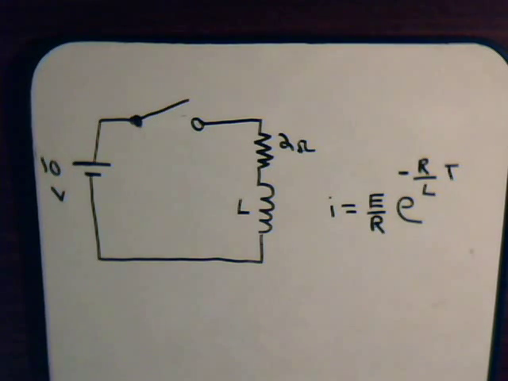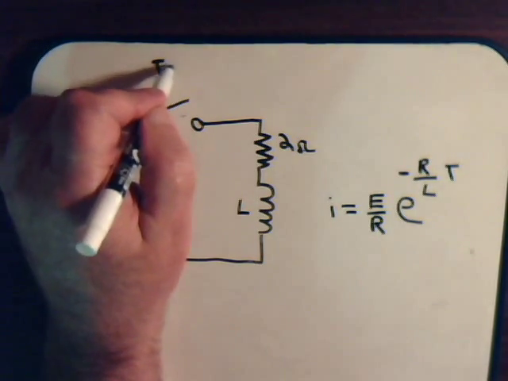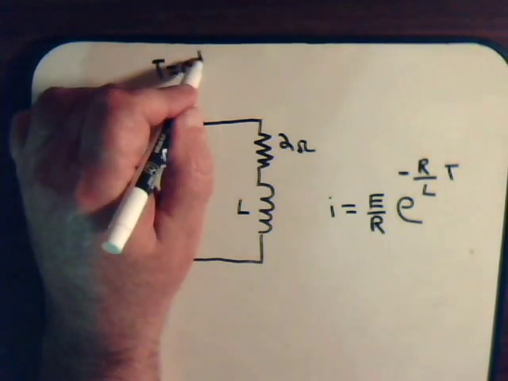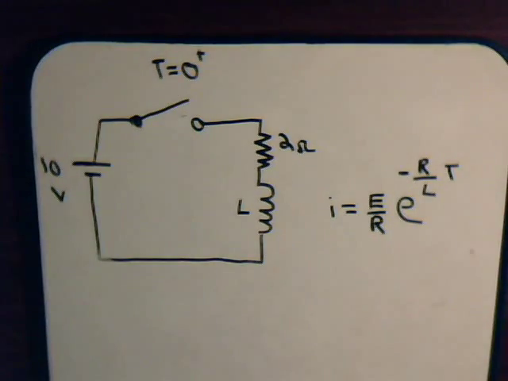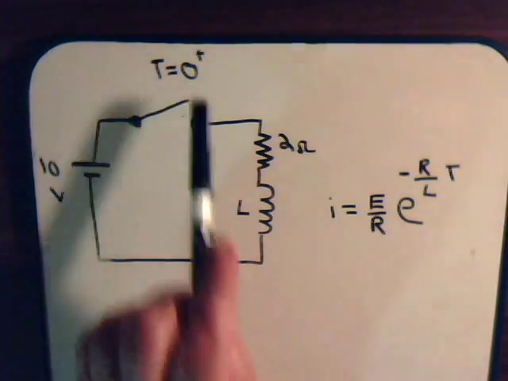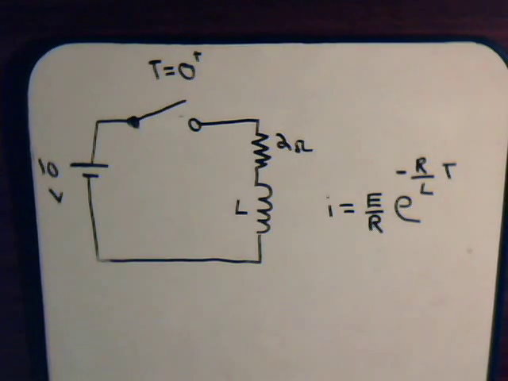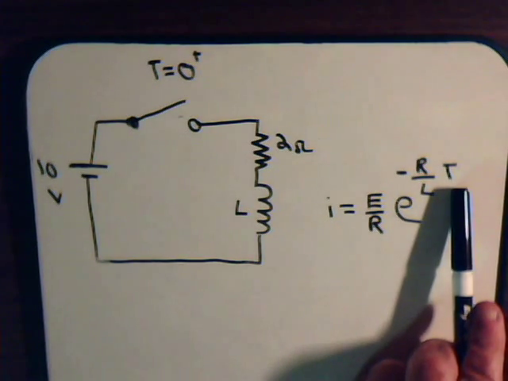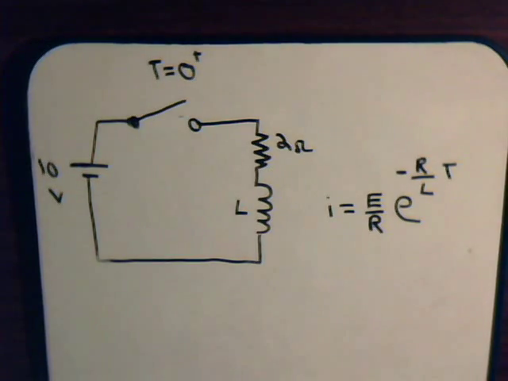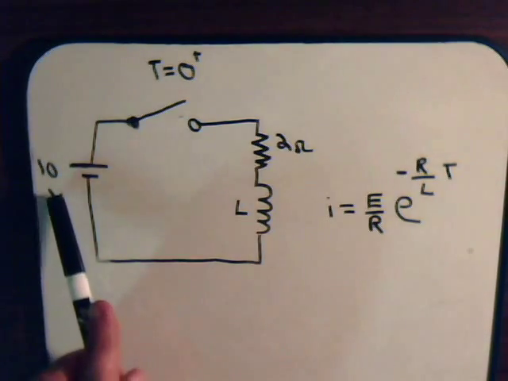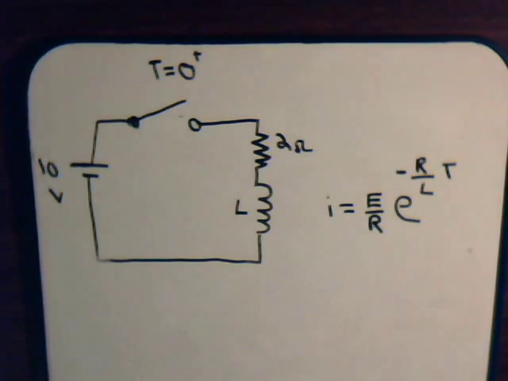Like this. We know that immediately after the switch is open, say at time t is just 0 plus, the current through the coil at that instant is still 5 amps, and that comes from the decay current equation that we determined in the previous video. For all practical purposes, e to the 0 is 1, so the current is still 10 divided by 2, or 5 amps.